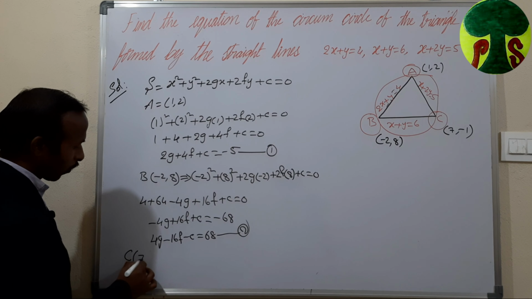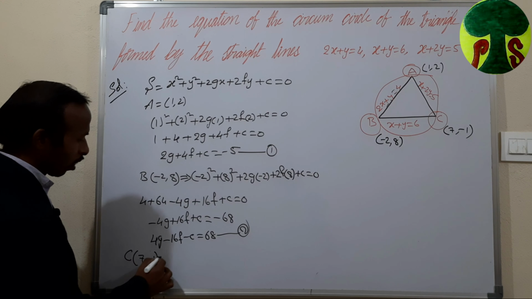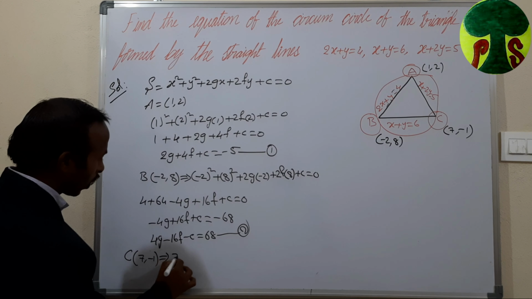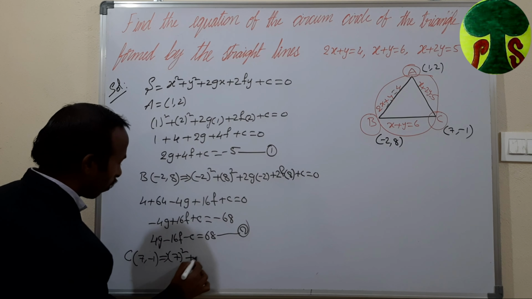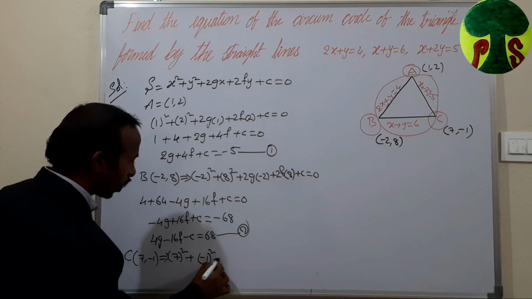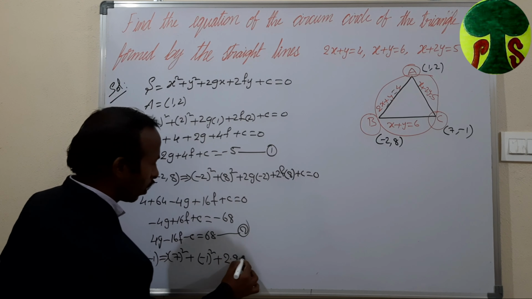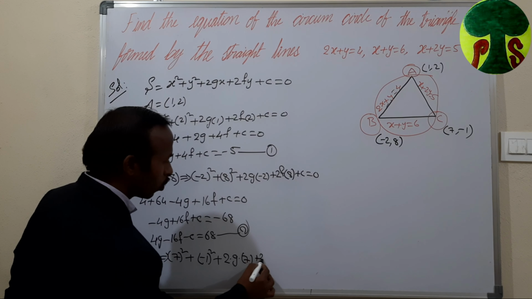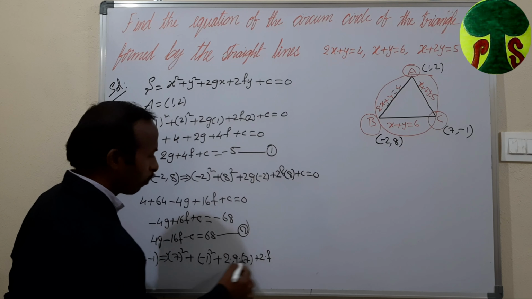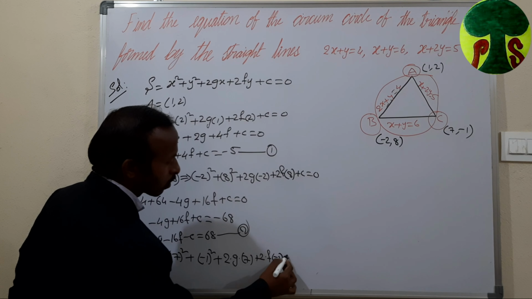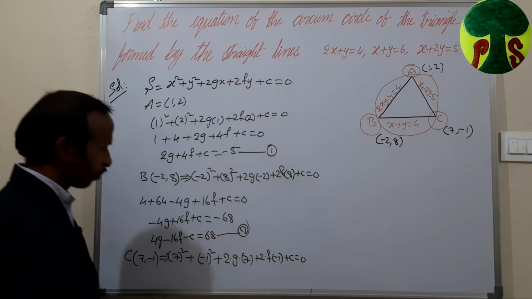This is equation 2. Now we will substitute the vertex C in the circle equation. C is 7 comma minus 1. Now implies 7 square plus minus 1 whole square plus 2g, x means 7 plus 2f, y means minus 1 plus c equal to 0.